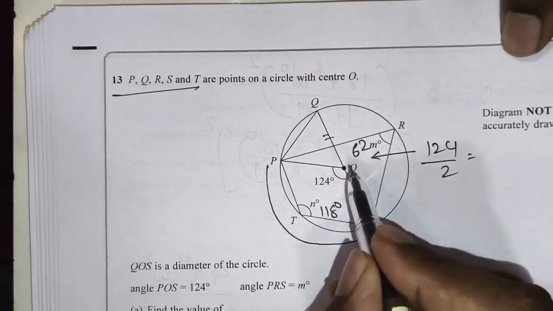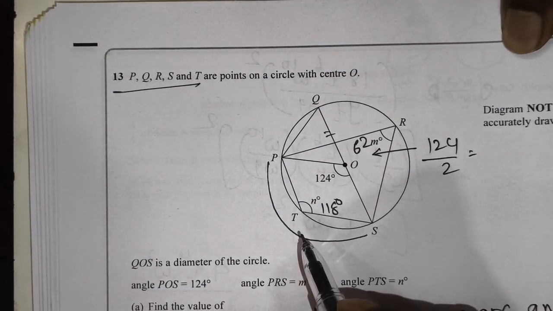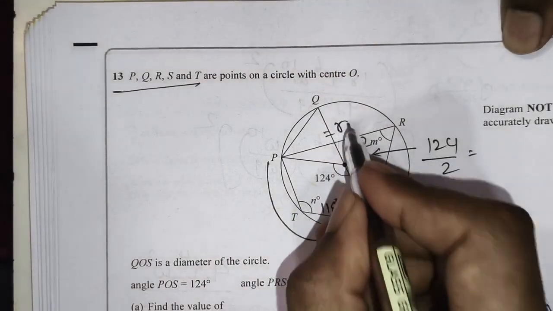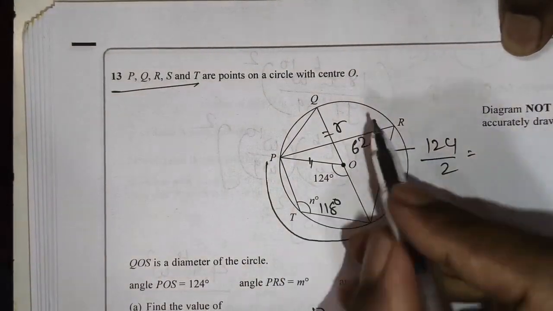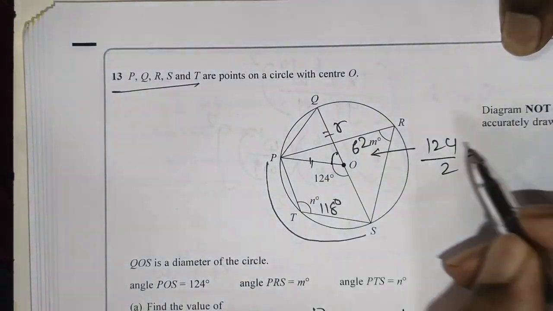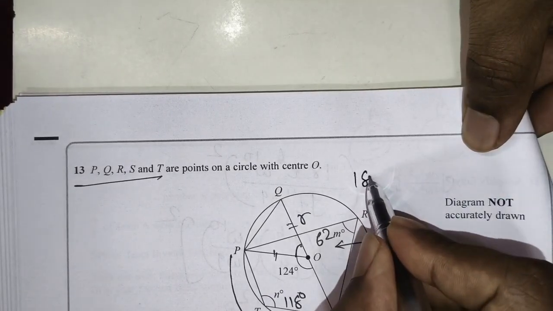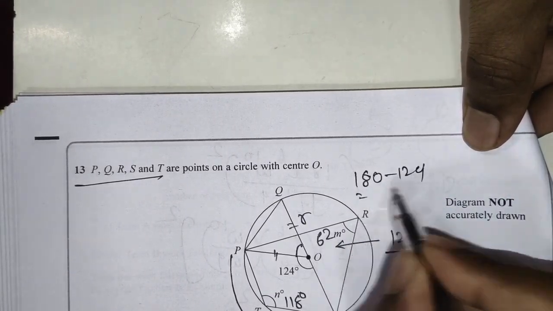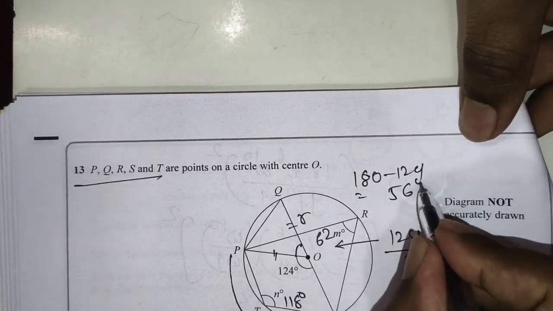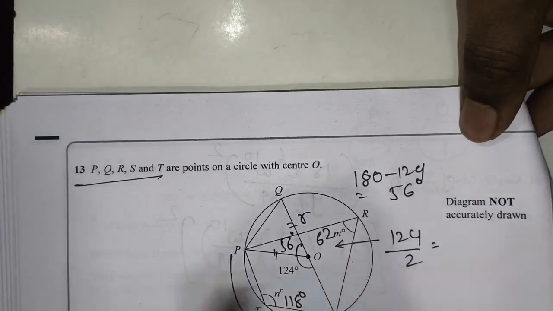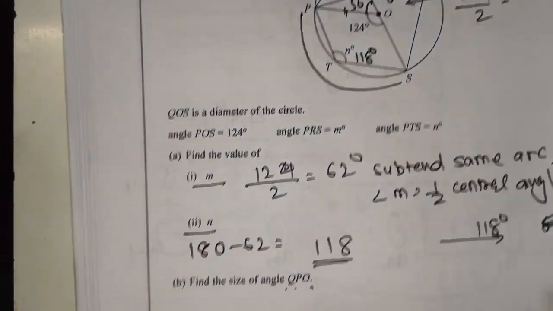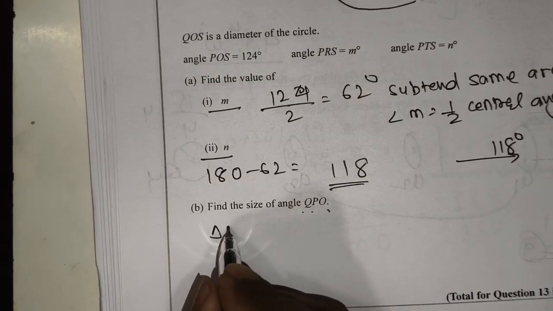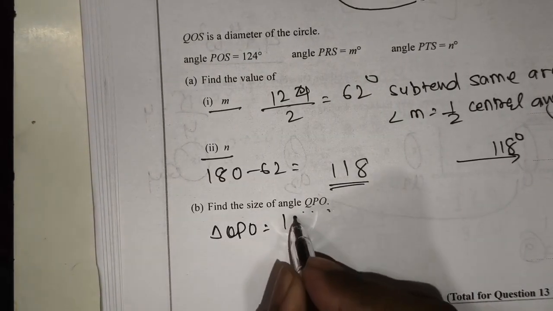Now you can see OQ is also radius. PO is also a radius. This is 124. So this is going to be how much? 180 minus 124, which is 56. Correct? This is 56. Their angle QPO. Correct? It's an isosceles angle. You can write that QPO is isosceles.